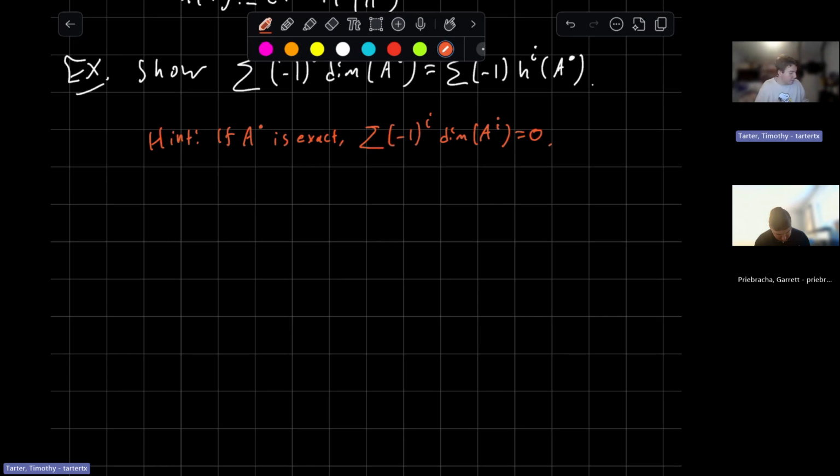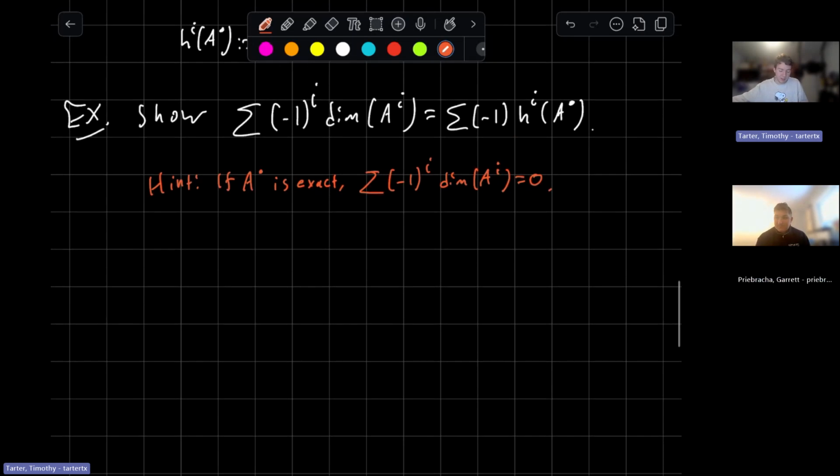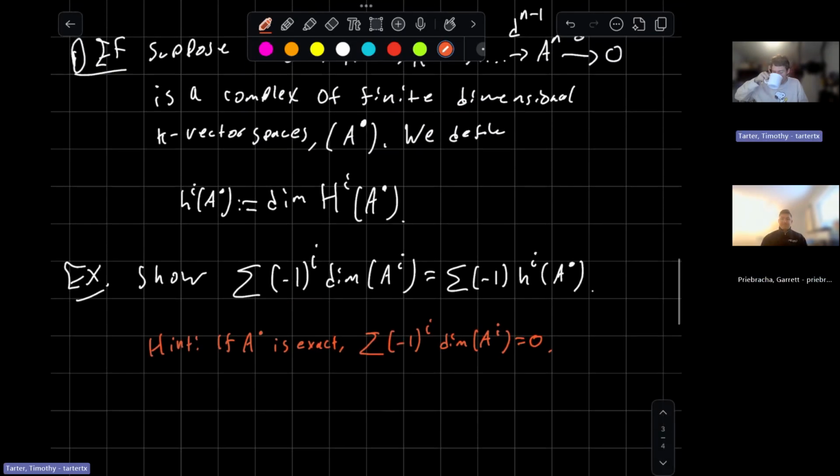I don't know enough about cohomology to say this confidently, but I've definitely seen that this is how you compute it sometimes. Or sorry, cohomology.